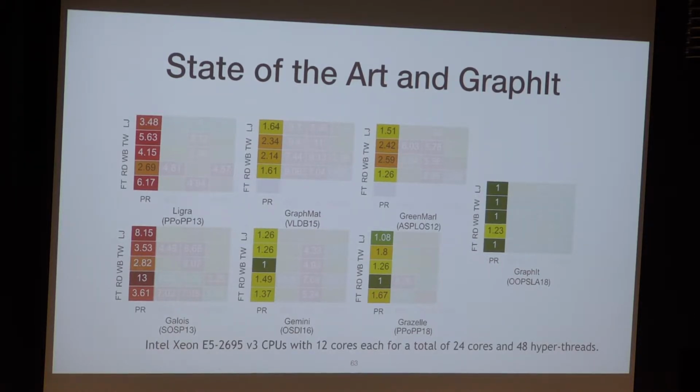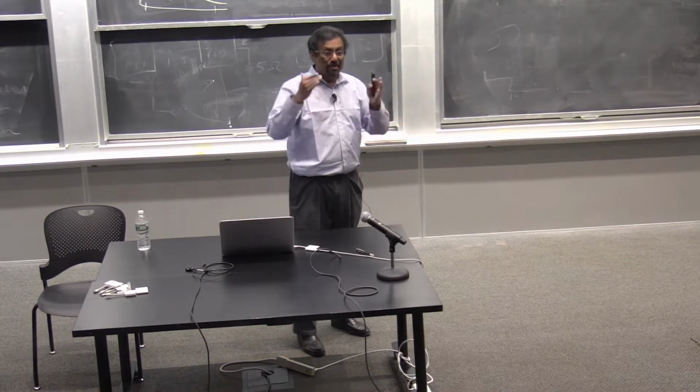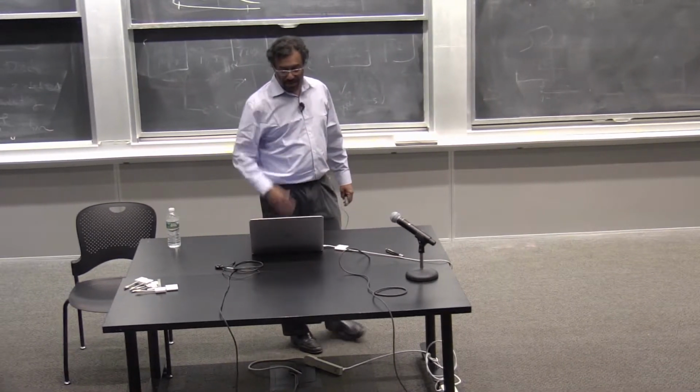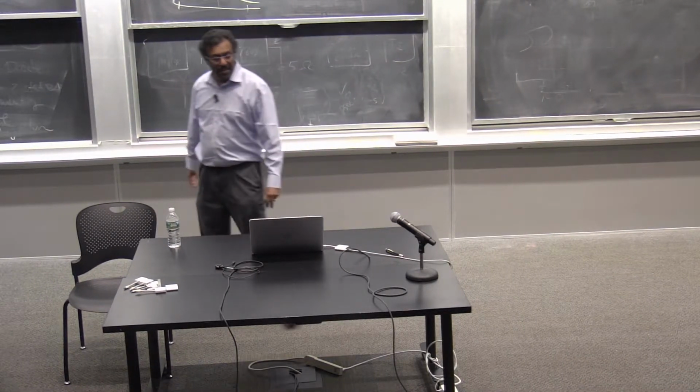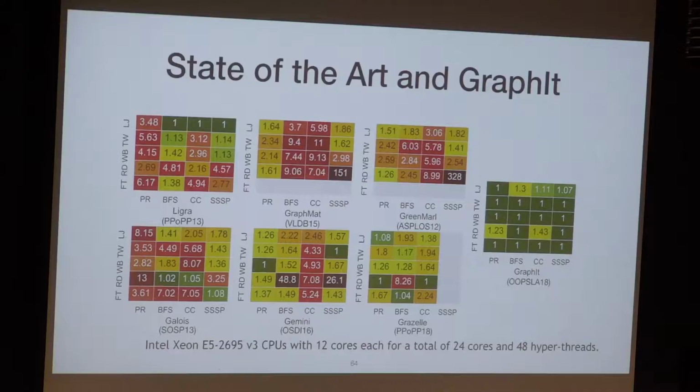They don't give you all this ability to try all these optimizations. They say, I know this is really good, I will do that. It works for certain things, not for everybody. And so if you look at the entire set of different algorithms, breadth first search, connected components, shortest path, what you find is some frameworks are good sometimes.